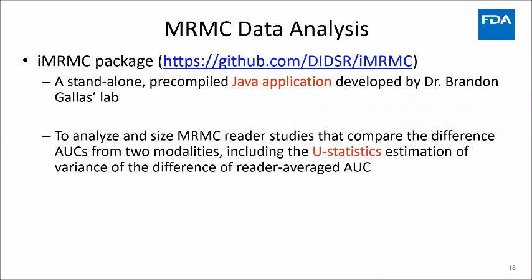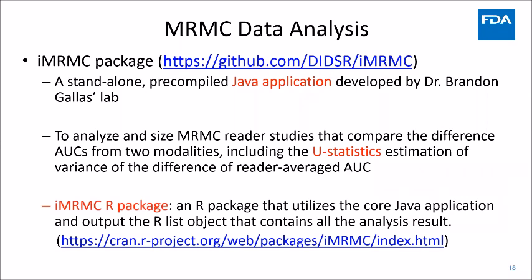It is used to analyze and size MRMC studies and uses statistical estimation for the variance of the difference of reader average AUC. It contains an R package, the iMRMC R package, which utilizes the core Java application and outputs an R list object that contains all the results.